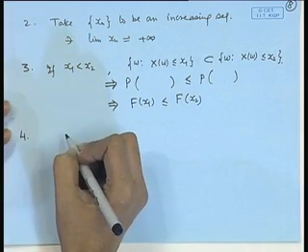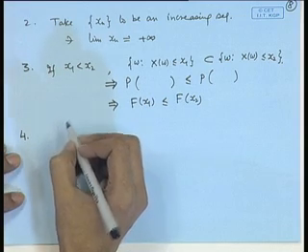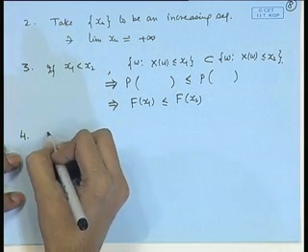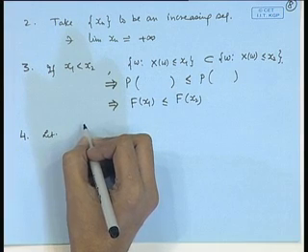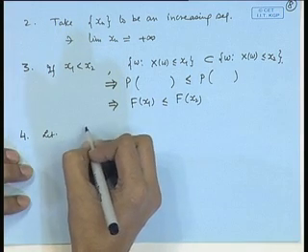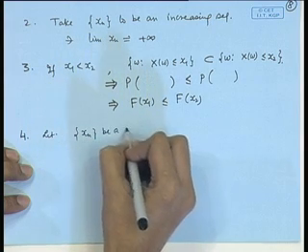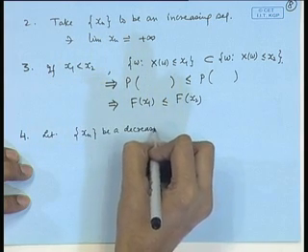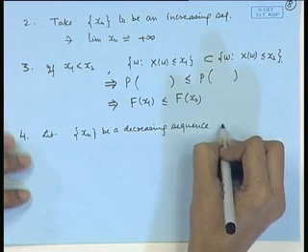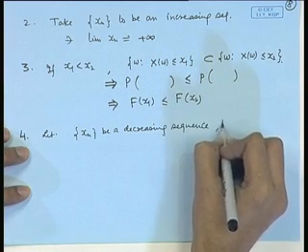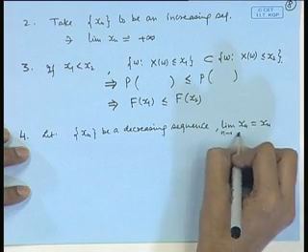To prove the continuity from the right, let us consider a sequence. Let x_n be a decreasing sequence with limit of x_n equal to say x as n tends to infinity.